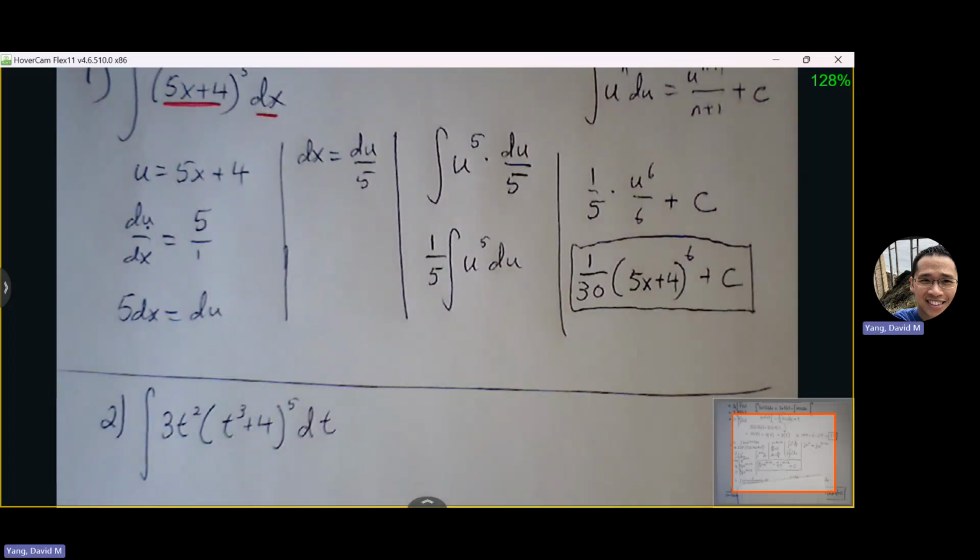Okay, take a look at number 2. Go ahead and try this one. Ask yourself, can I expand my way through? If it's too hard or impossible to do, then use substitution as your next option.